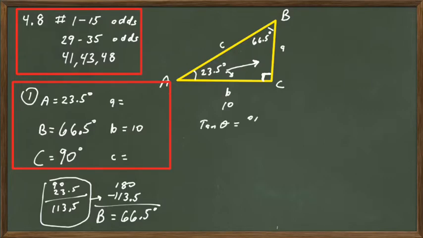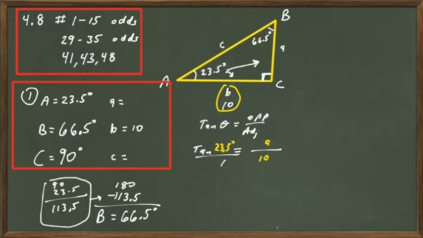Tangent of theta is opposite over adjacent. So the tangent of what angle am I dealing with? 23.5 equals the opposite. What's opposite? The A that I'm looking for over the adjacent, which we know is 10.